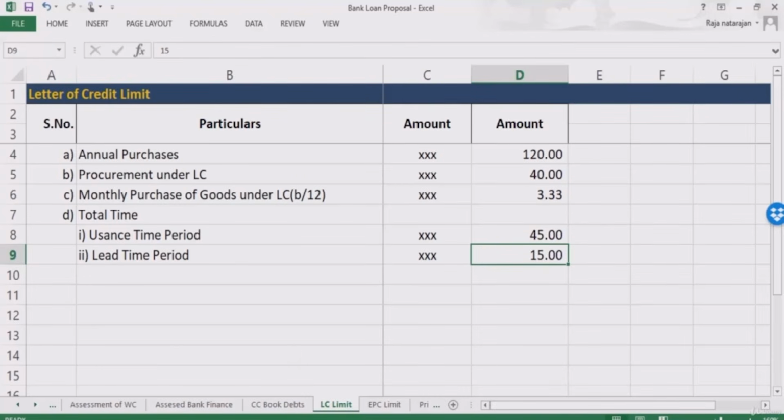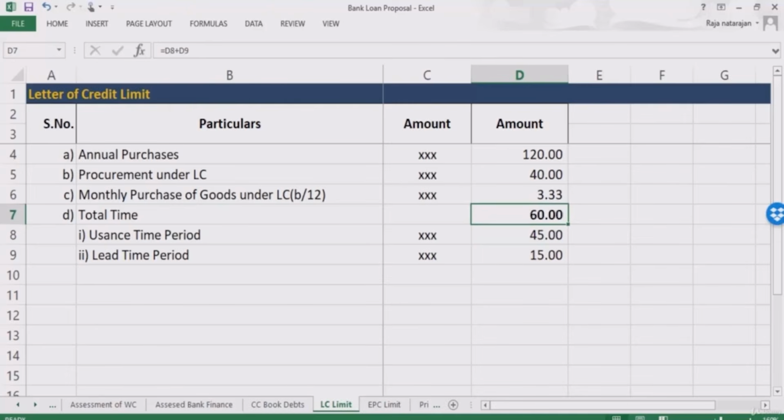So if I order today, payment will happen only on the 60th day. So total time taken is 45 plus 15, 60 days.